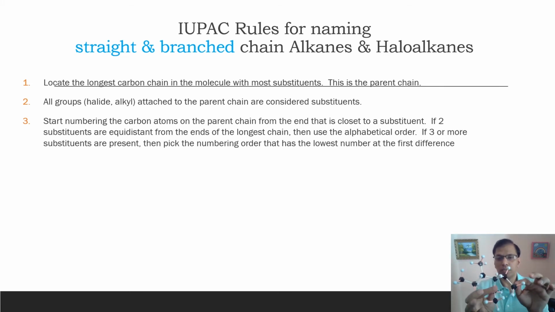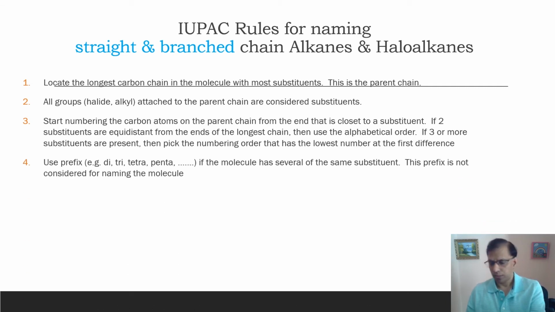You will start numbering from this side, because ethyl comes first in alphabetical order compared to methyl. That's how you select which end of the parent chain to start numbering from. Now, if there are 3 or more substituents present, then you have to pick a numbering order that gives the lowest number at the first difference, and we'll come across this example.